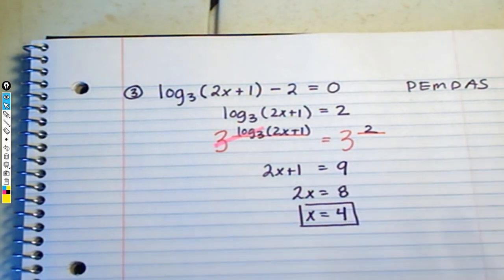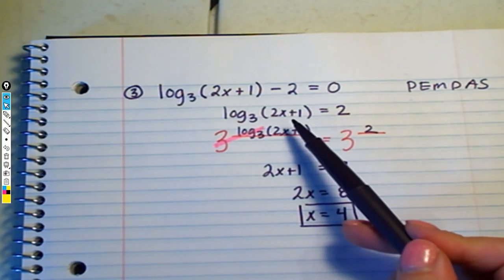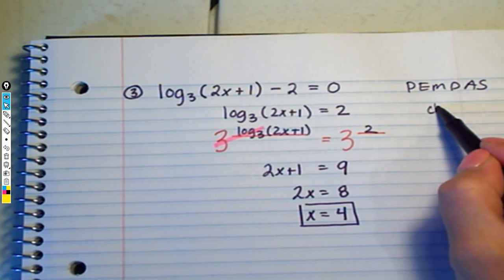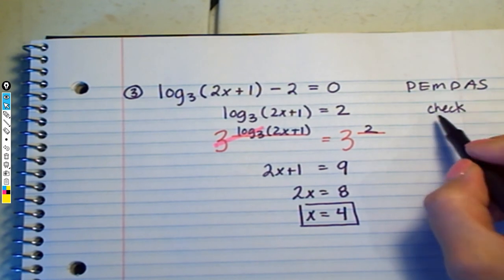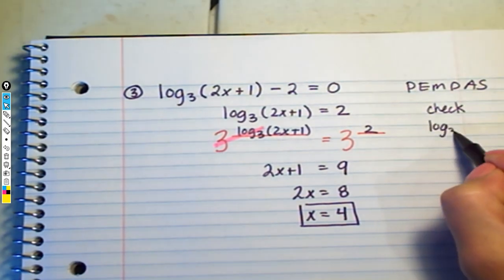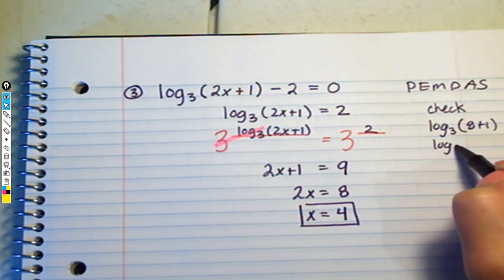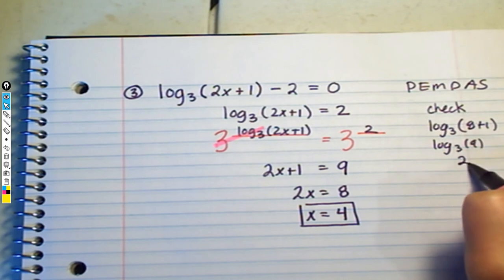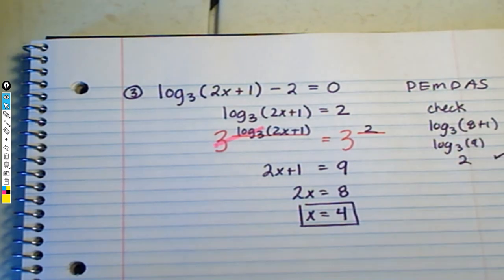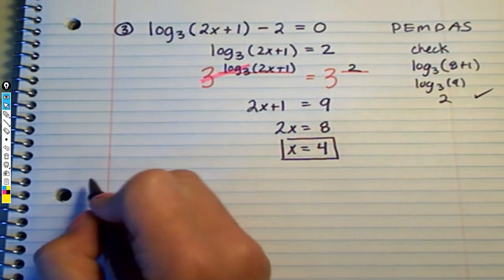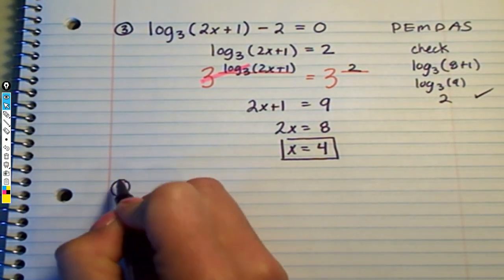Now, you can go ahead and check this if you'd like. Can I check, just to be sure? Log base 3 of 8 plus 1. Oh yeah, it is equal to 2. Let's do one last example before you try the second set in your homework.